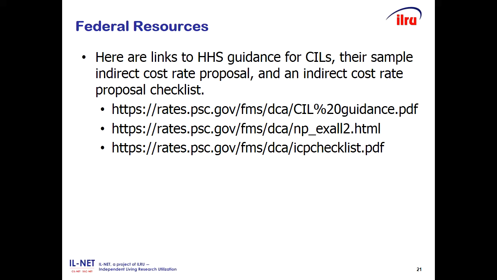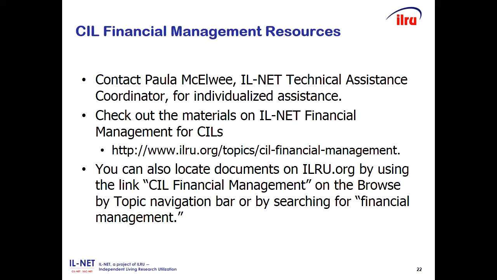So they have 3 links there of things that they provided on how to do their guidance, first of all, and then a checklist for how to do the proposal, and then also an actual sample indirect cost rate proposal. So if they're finding themselves looking at their rate and kind of wondering what to do with that, you'll find those there.